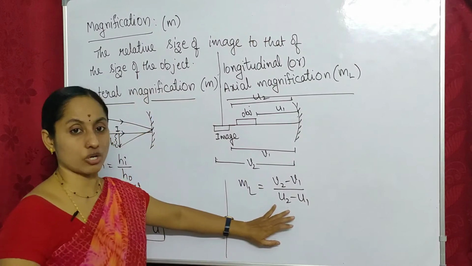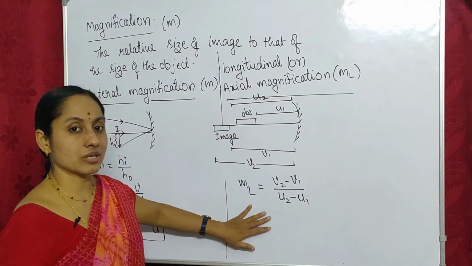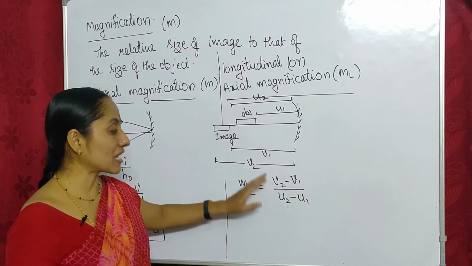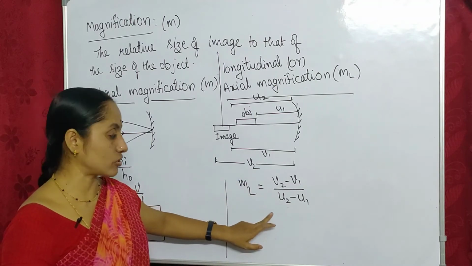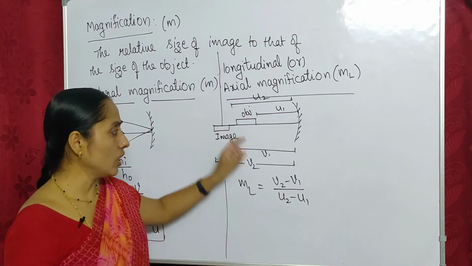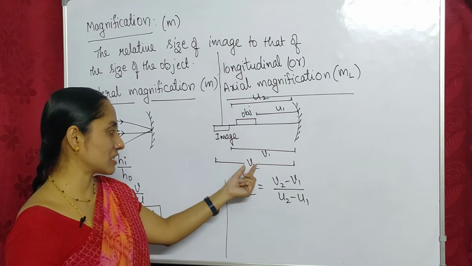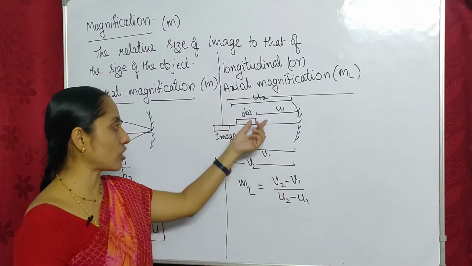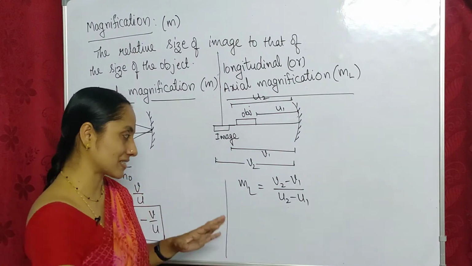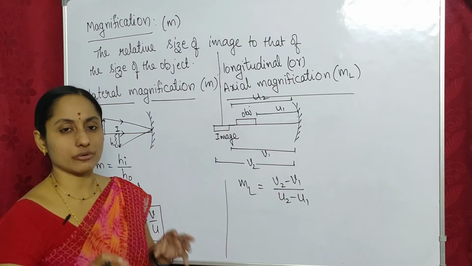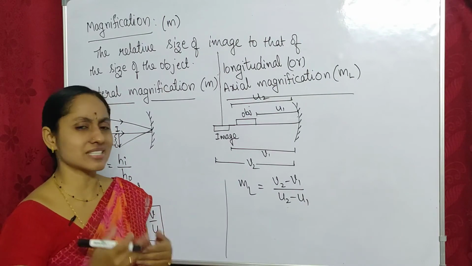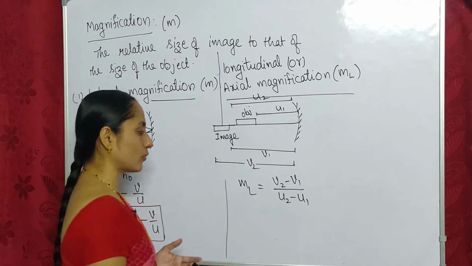I hope you got the logic. What is magnification? Magnification means comparison of size of the image to the size of the object. So here size of the image is v2 minus v1 by size of the object is u2 minus u1. If you get the logic, the rest is maths, everything you can do on your own.